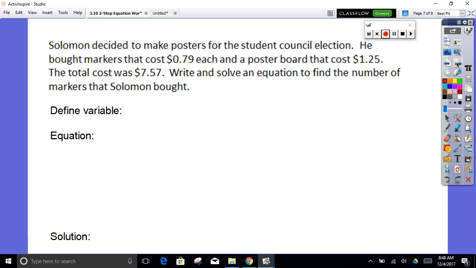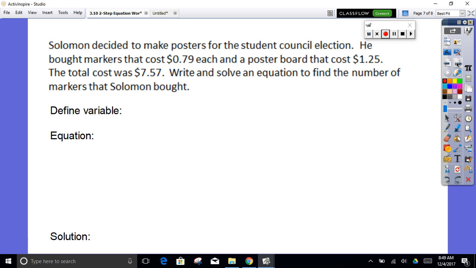All right, next problem. Solomon decided to make posters for the student council election. He bought markers that cost 79 cents each and a poster board that cost $1.25. The total cost was $7.57. Write and solve an equation to find the number of markers that Solomon bought.